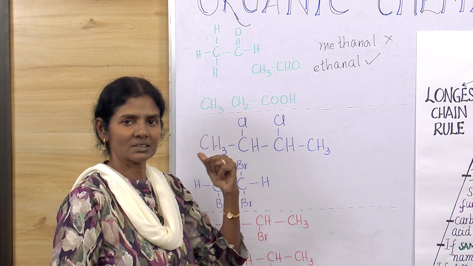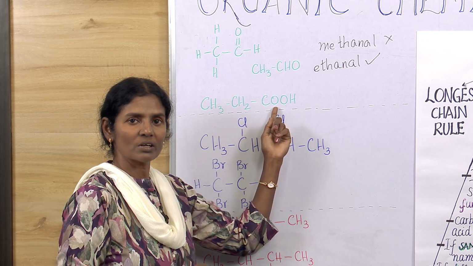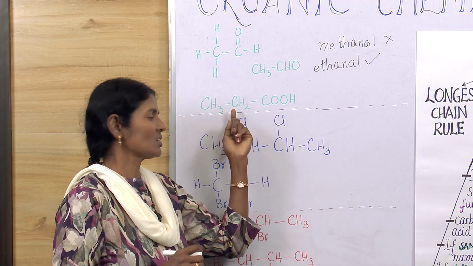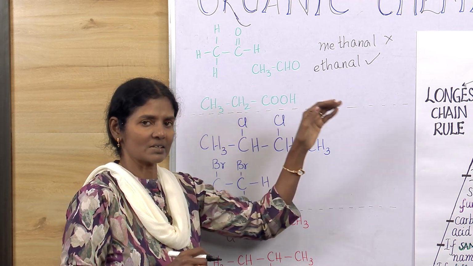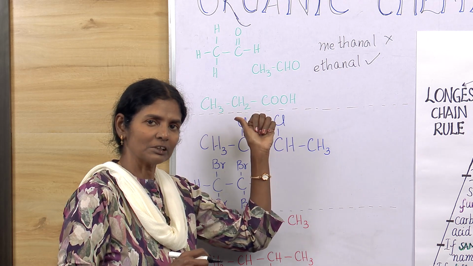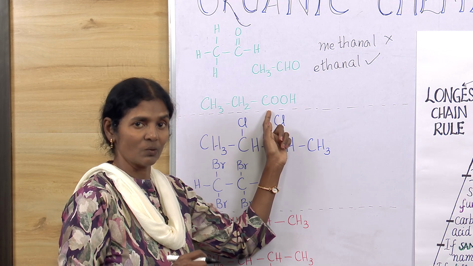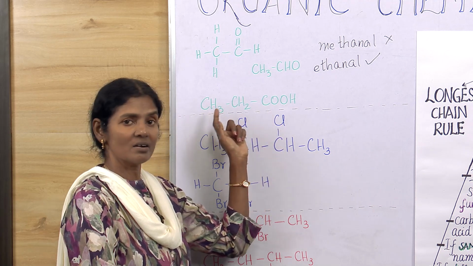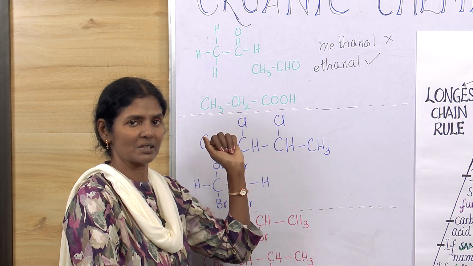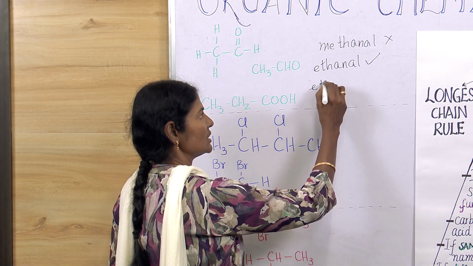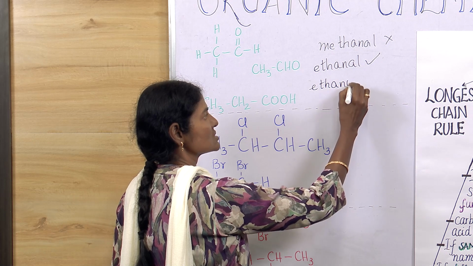Now let's take another example. COOH is the carboxylic acid group, right? So we call this oic acid. How many carbon atoms are there? If we are including this carbon also, then it would be 1, 2 and 3 carbon atoms, and it is not 2. So it is not ethanoic acid.